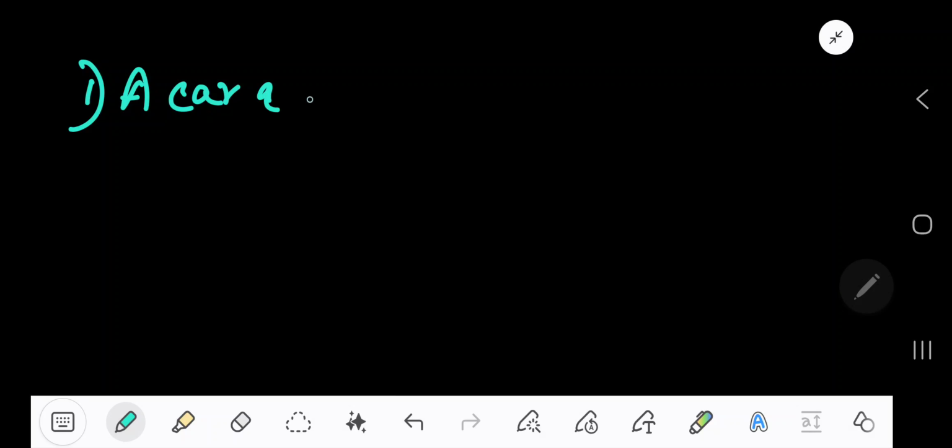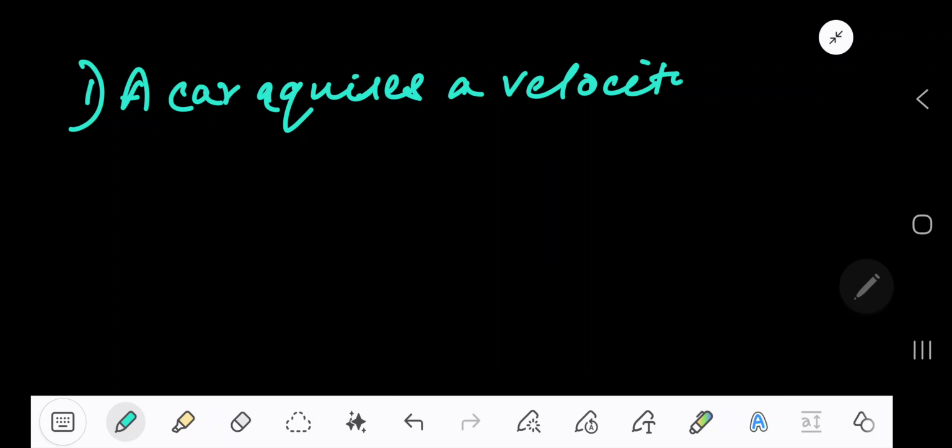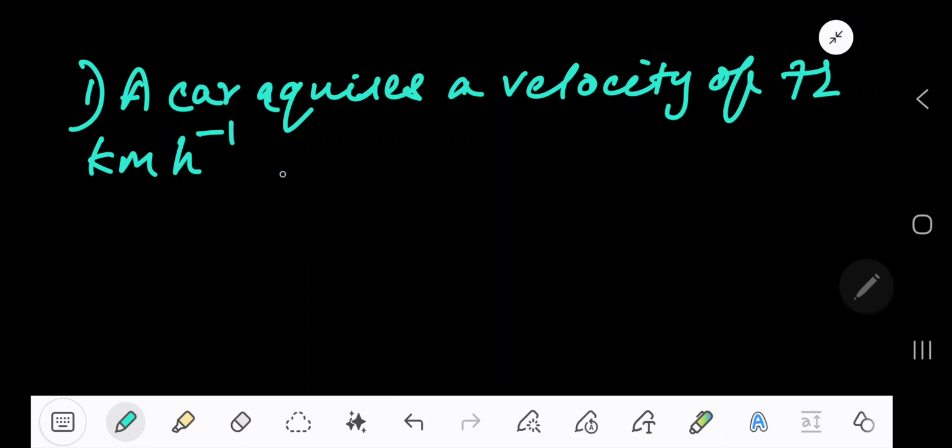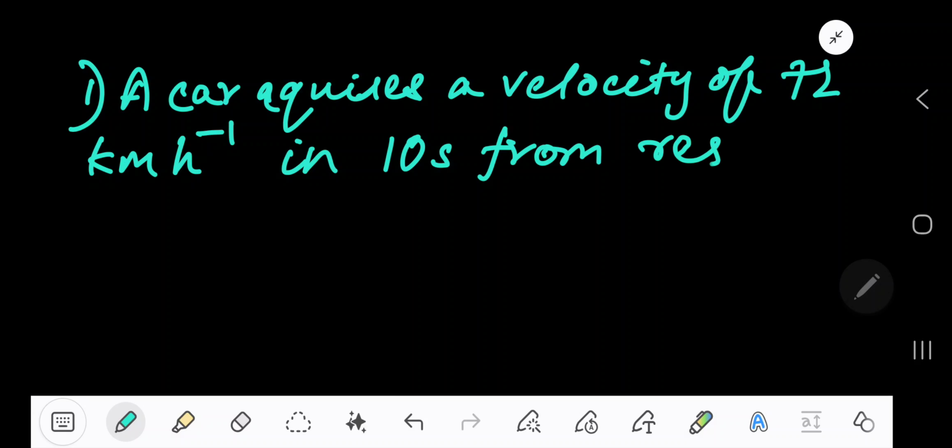All right, let's solve some questions using these equations. A car acquires a velocity of 72 kilometers per hour in 10 seconds from the starting point, or 10 seconds from rest.